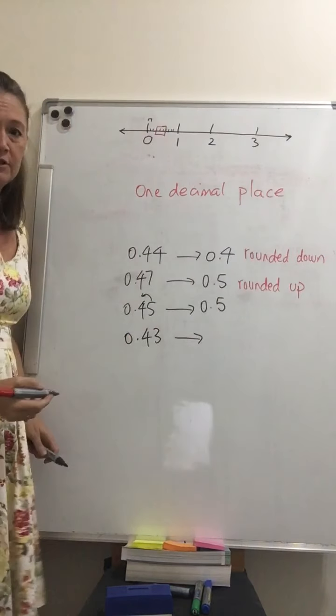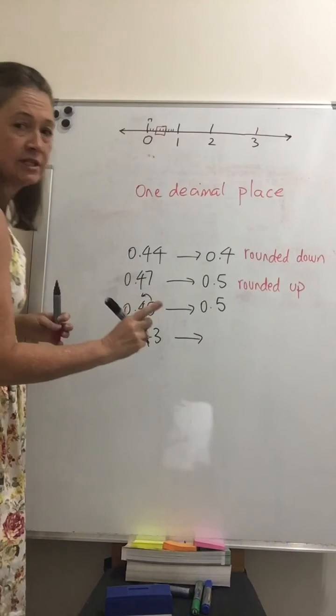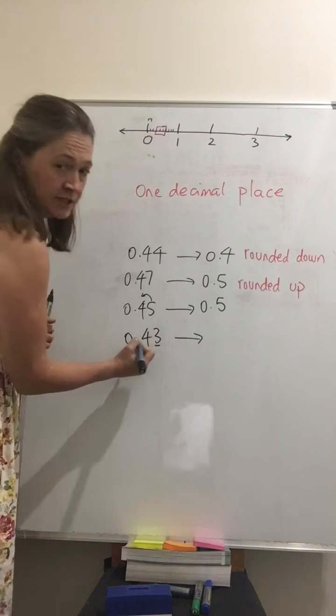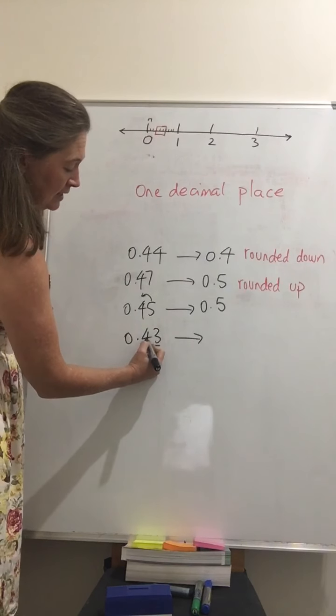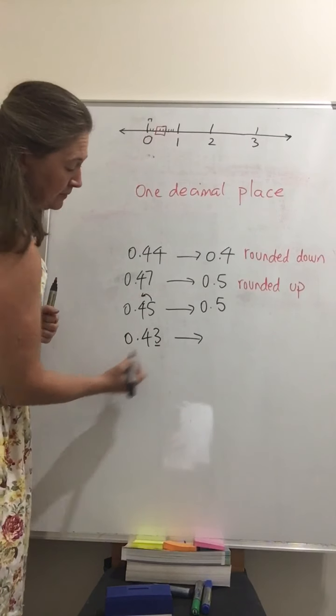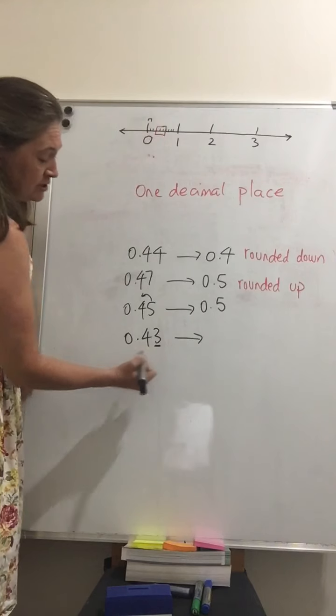Well, what's in the first decimal place? This 4 is in the first decimal place. What we're interested in is what's right next door. What we're interested in is the number that is directly to the right of the thing we're rounding to. And I call it the one next door. The one next door is a 3.